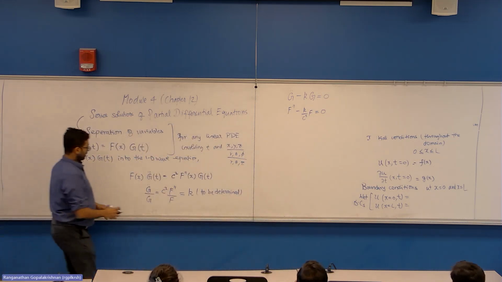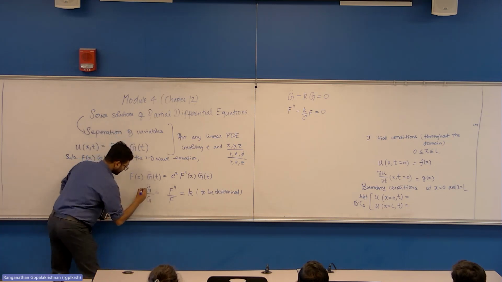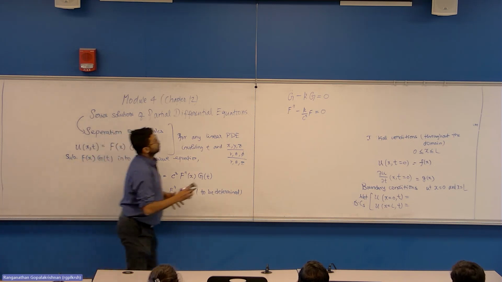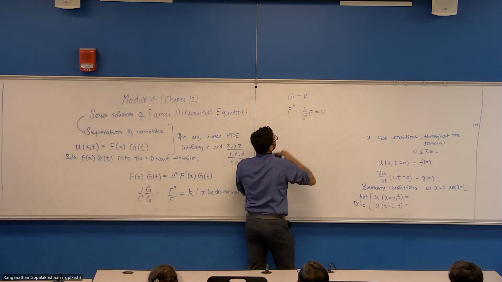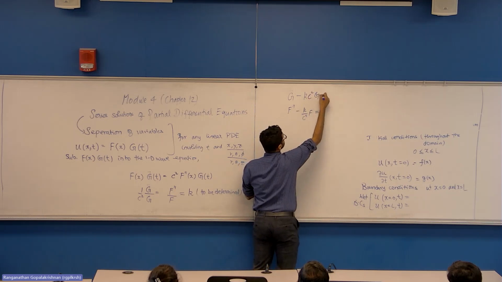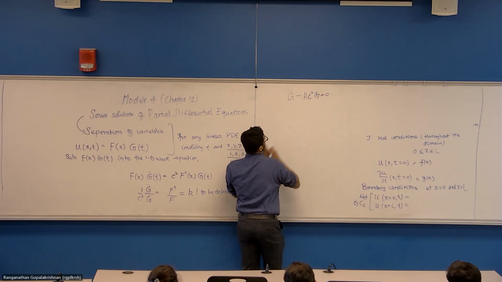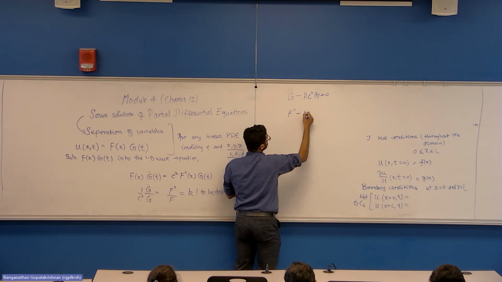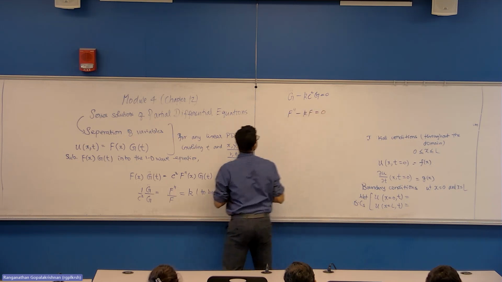Actually, we can bring the C squared along with this G to write G double dot minus K C squared G equal to 0 and F double dash minus K F equal to 0.